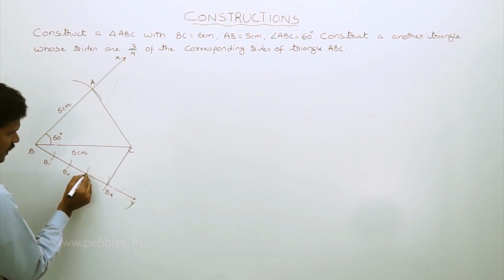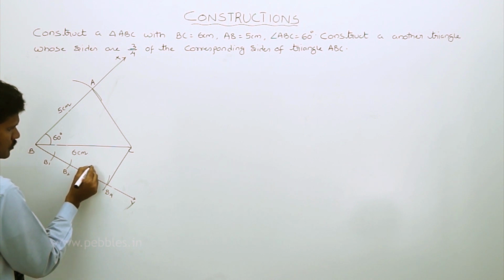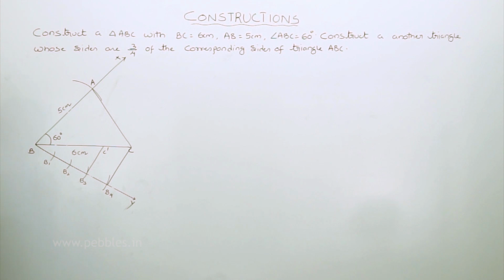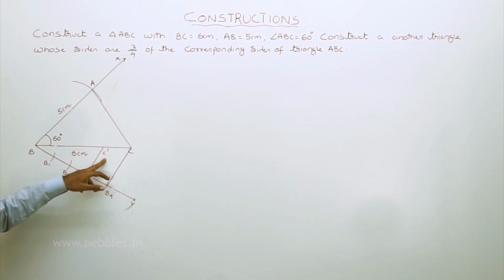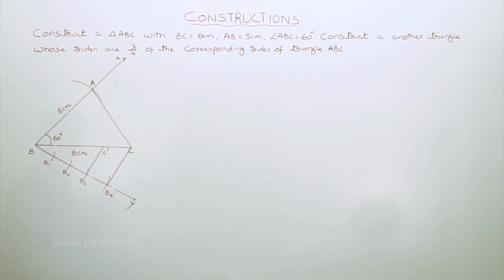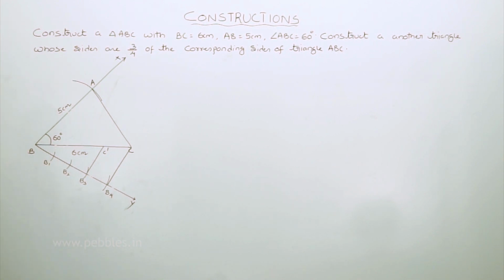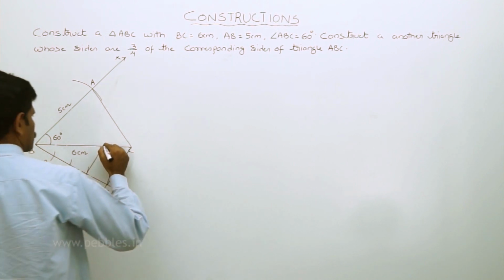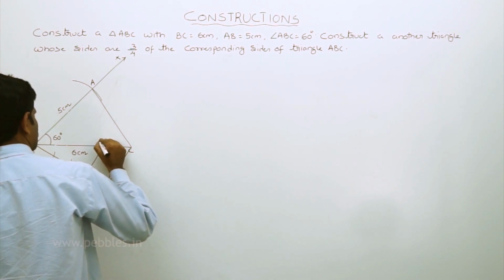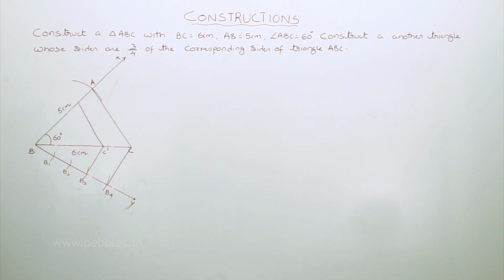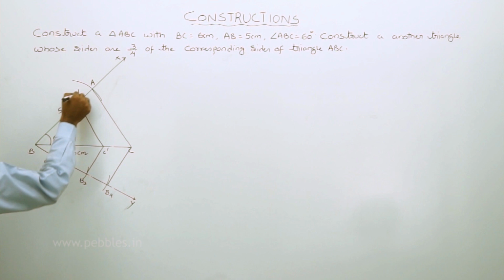Now draw a parallel line B3 C dash, parallel to B4 C. Now again draw a parallel line to AC through C dash, at A dash.